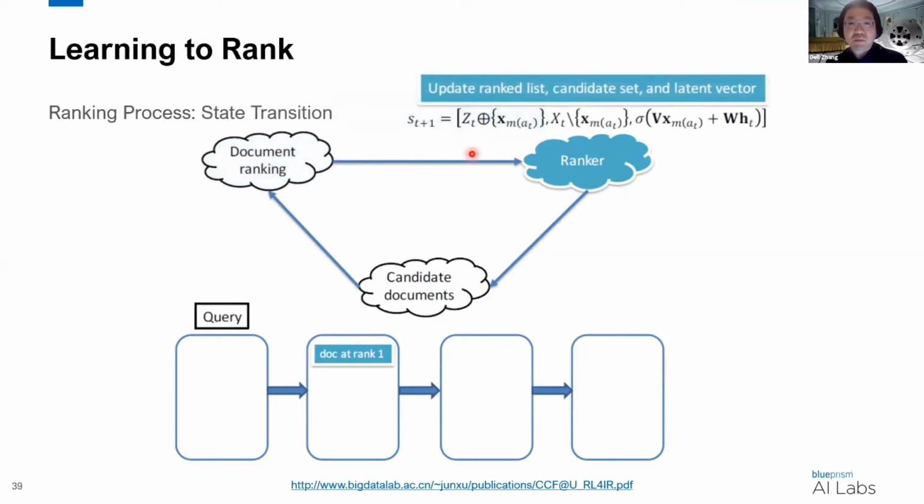Right. So given the reward, we could then use policy gradient to update the model, and the state would be changed according to the transition function. Here it's simple: we just increase the ranked list, remove the documents that have already been returned from the candidate document set, and then update the latent vector reflecting the user's state.